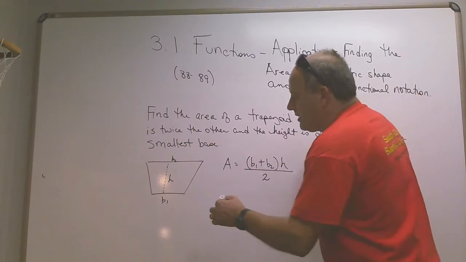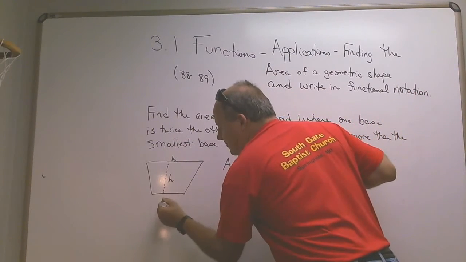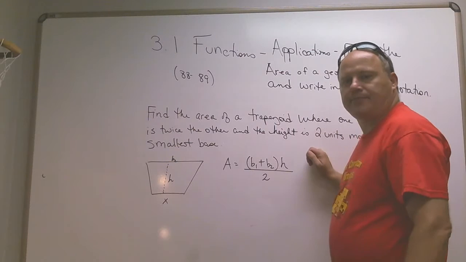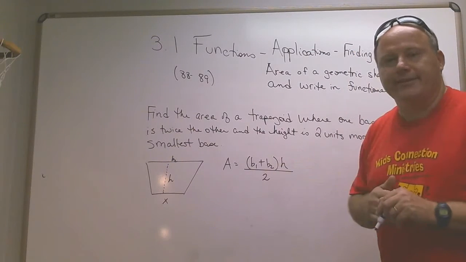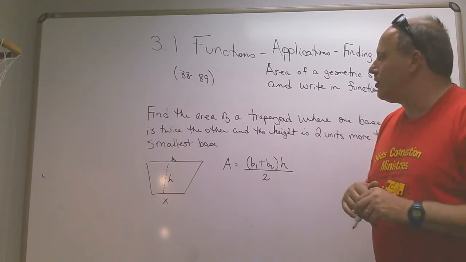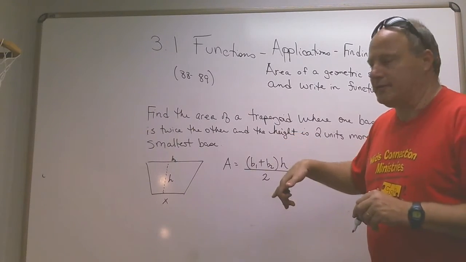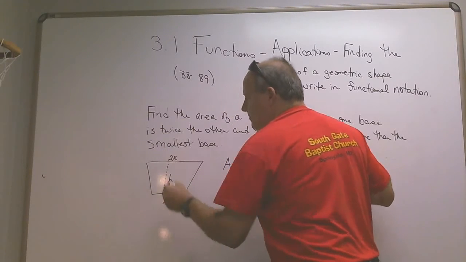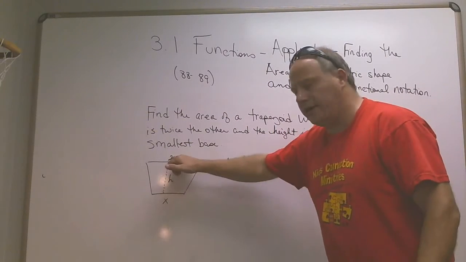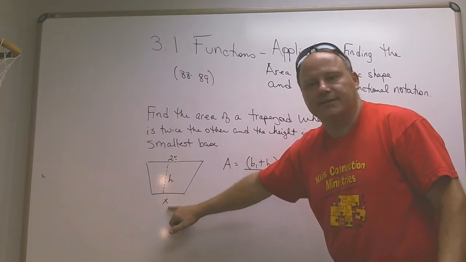So what I'm going to do is let the smaller base be x. Okay, so that's b1. Now, based on that, I can tell you everything else based on x. The other one is twice that one, so the other base would be 2x. Now, which is larger, x or 2x? Well, the smaller one obviously is x.